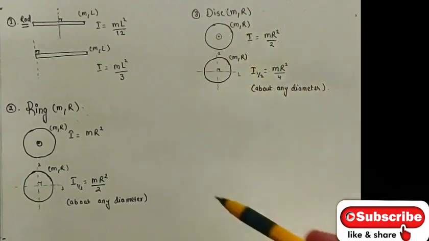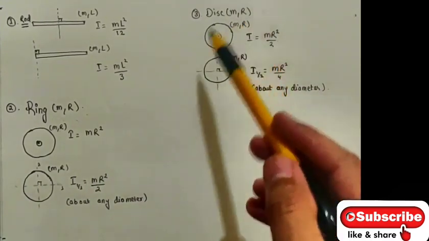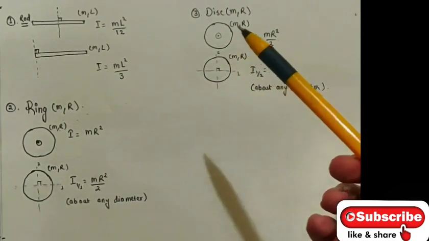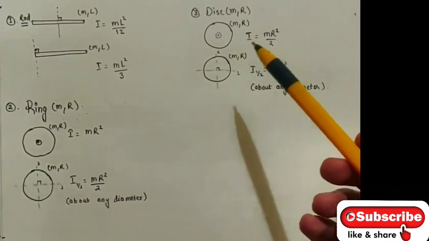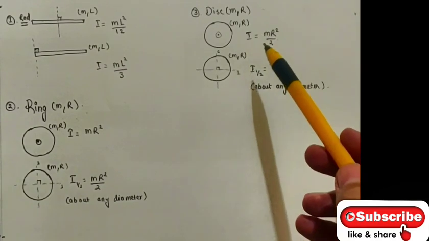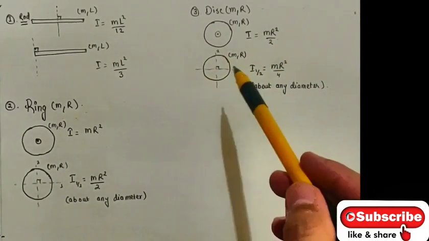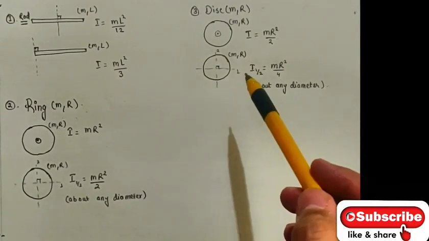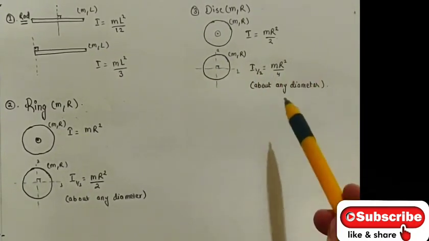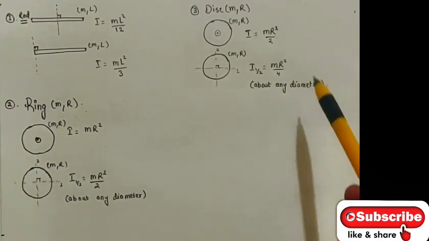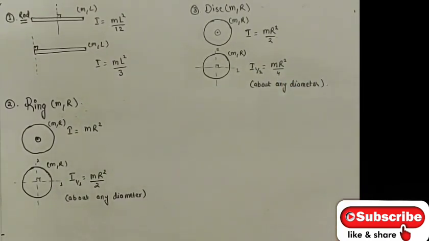In case of a disk, about any axis perpendicular to its plane and passing through its center, the moment of inertia will be mr square by 2. And about any diameter of the disk, it will be mr square by 4, which is easily calculated by the perpendicular axis theorem.